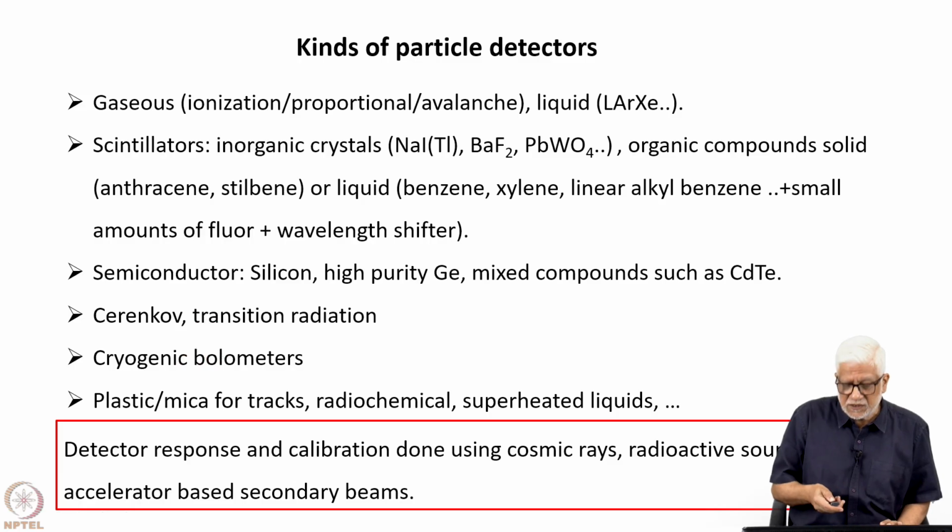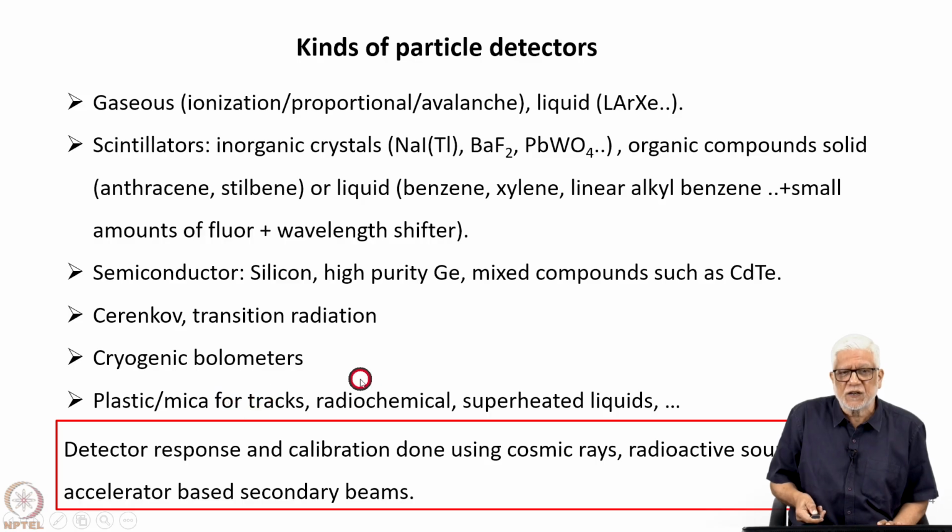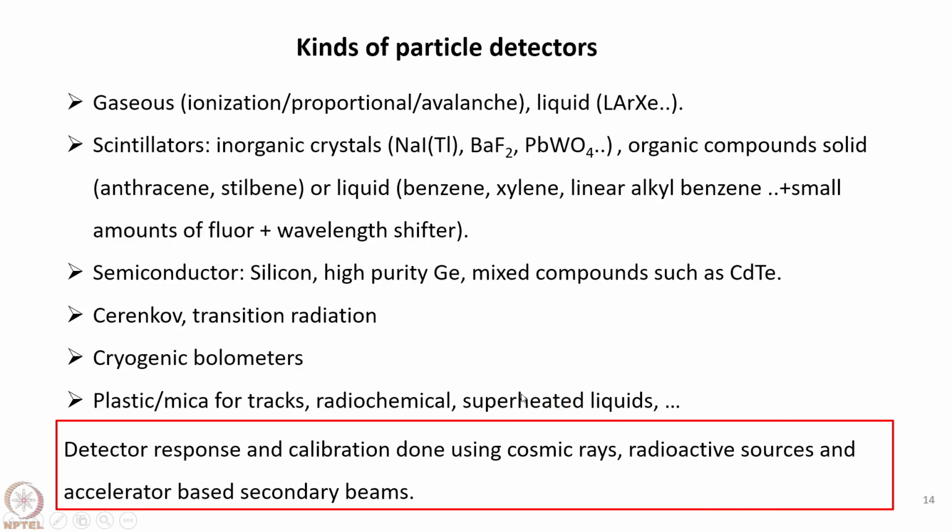And these have come into vogue in recent times in the areas of neutrinoless double beta decay and so on. And of course, there are these plastic and mica detectors for tracks. There are radiochemical detectors, again which are passive. So, these are examples of passive detectors, but then there are also superheated liquids. So, you can produce acoustic signals and you can detect events due to both neutral and charged particles.